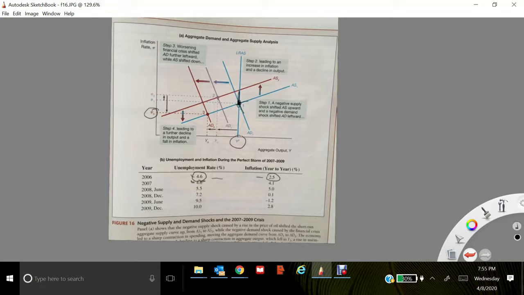So what happens here? 2007, we can see an increase in housing prices.